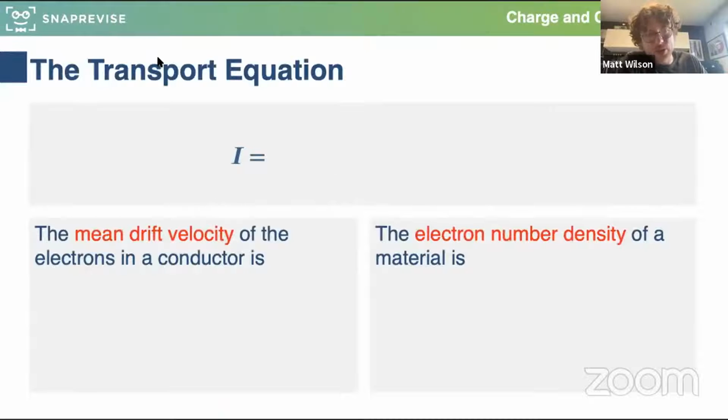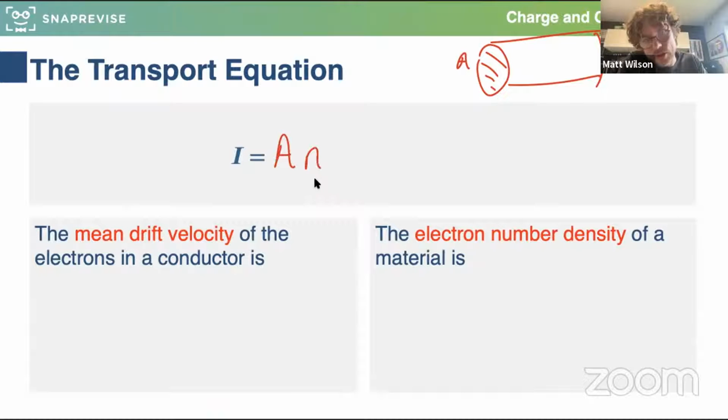Okay, so now we're going to put this in an equation. So let's imagine we have this wire, and there are some things we know about it. We know the area of it here. We know the number of electrons or number of charges per volume.